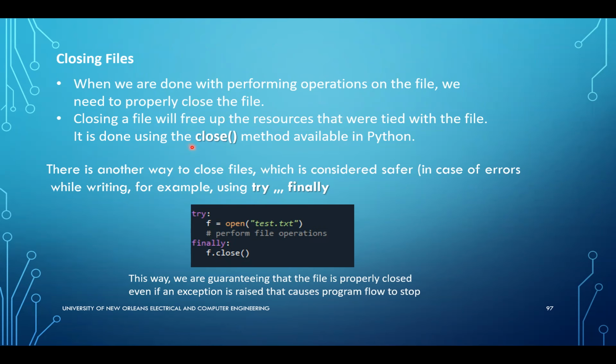Closing the file will, again, free up the resources that we were using associated with that file. And it is done using the close method, okay? So we can simply say, open file, and then when we're done with it, we can use close and close that file. Python also has another way of closing files, which they consider to be safer, okay?